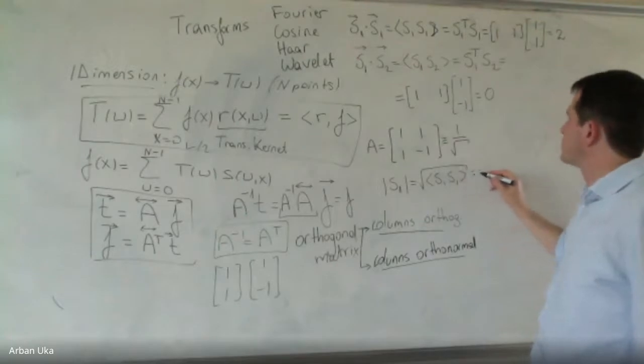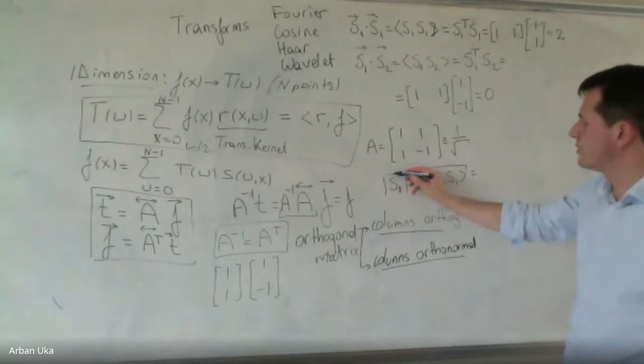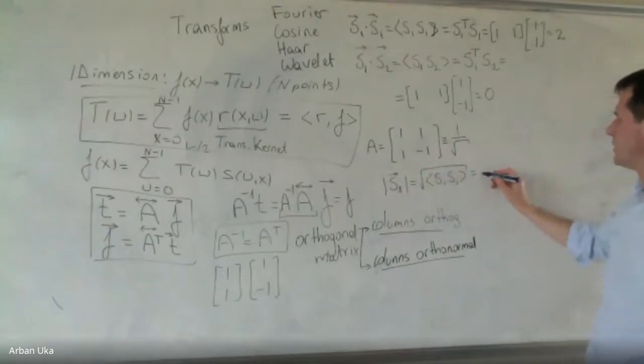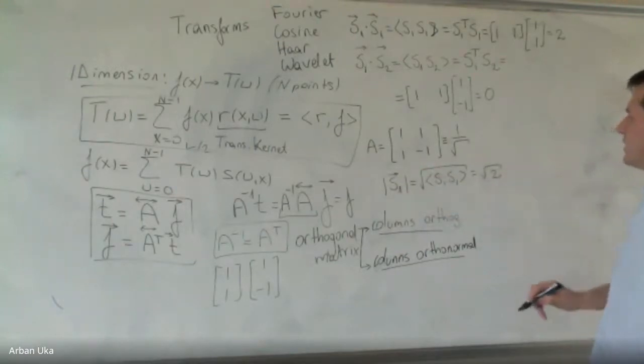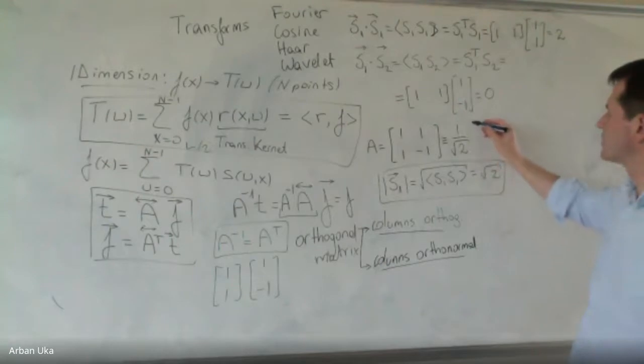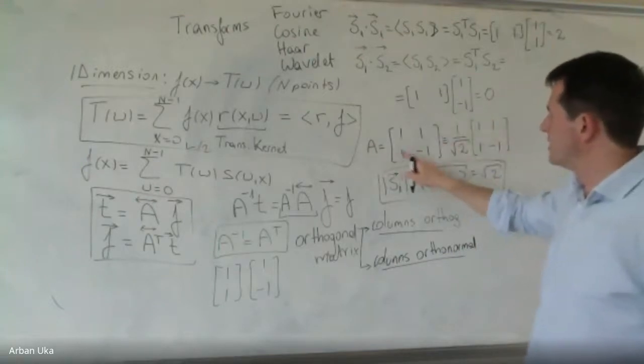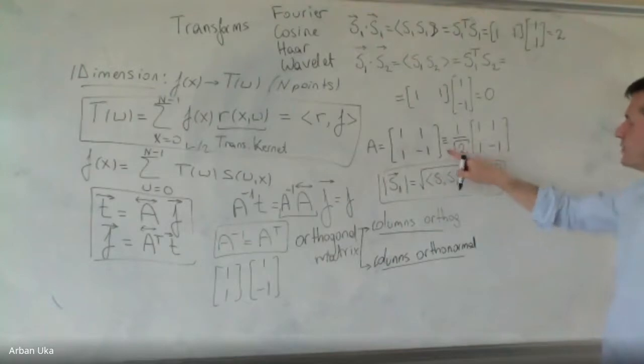Okay? So, based on this calculation, the norm or the magnitude of S1 is equal to the square root of 2. So, if the magnitude is the square root of 2, we need to make this 1. How do we make this 1? We just multiply with this factor, this matrix 1, 1, 1, minus 1. Okay? So here, this is equal to this matrix, and this is equivalent to this other matrix.